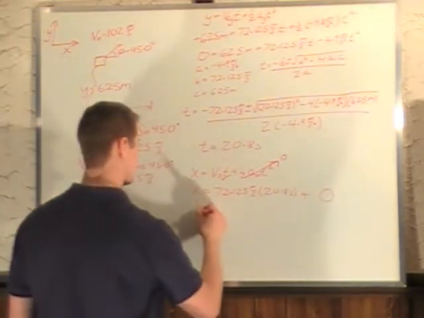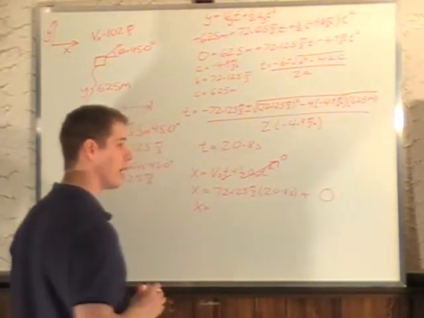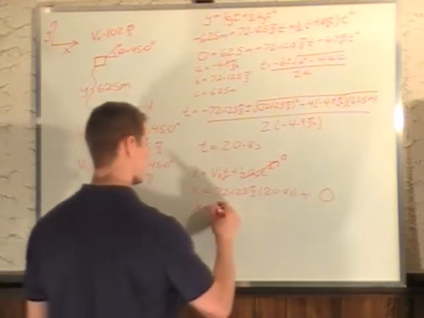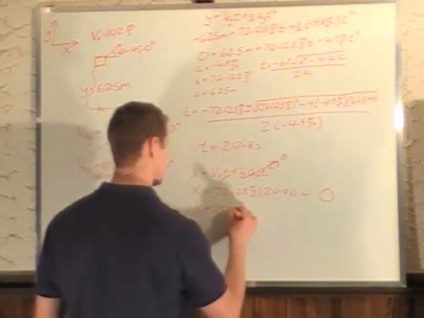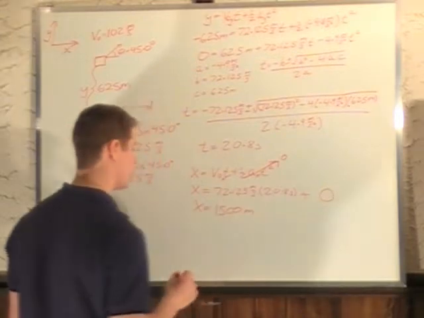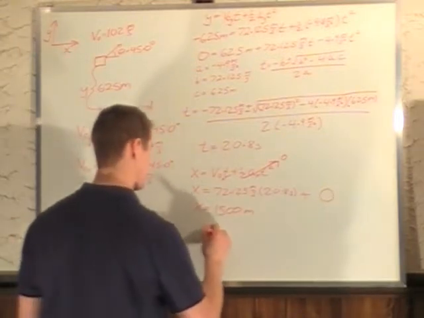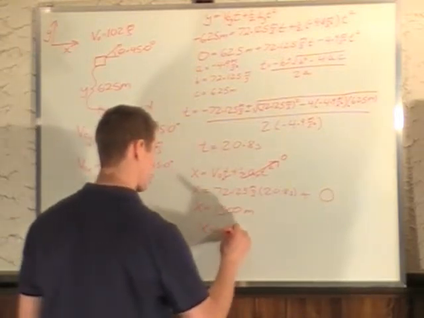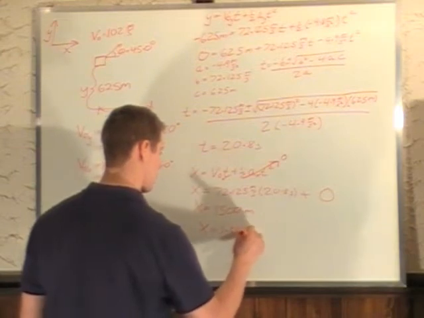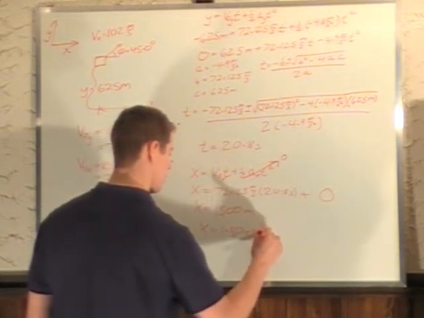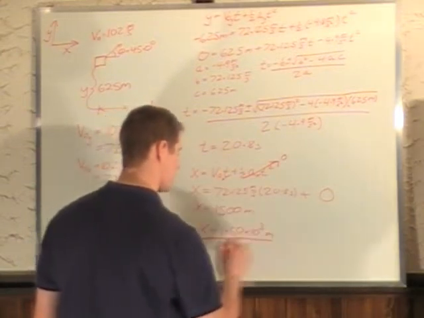So our final x distance, after we plug that in, gives us 1,500 meters. So put in scientific notation with 3 significant digits, 1.50 times 10 to the 3 meters. That's our final answer.